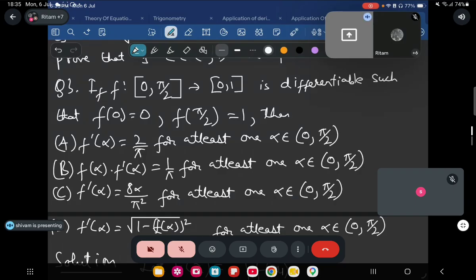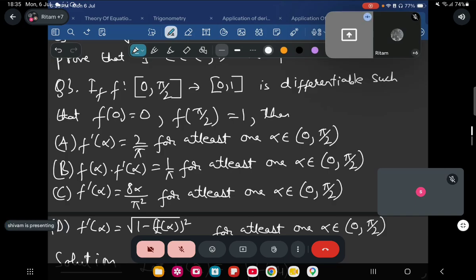Devank, write down which options are correct at once. Don't send me the answers one by one. Ritam, check your answer again.